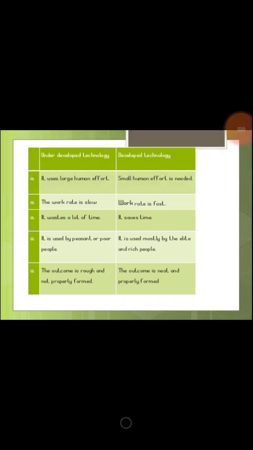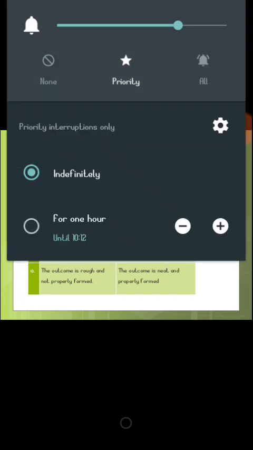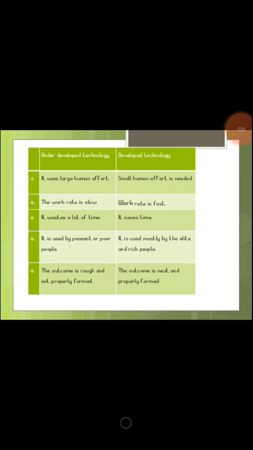While developed technology is used now. It is the type of technology that we use nowadays, because the process of developed technology is complex, but it is faster than underdeveloped technology.